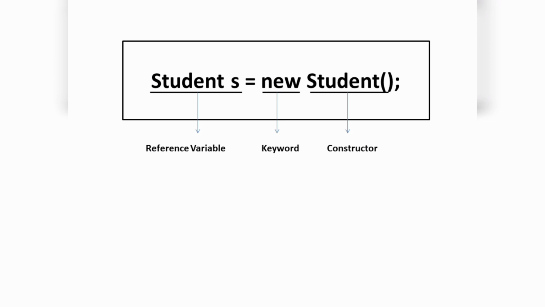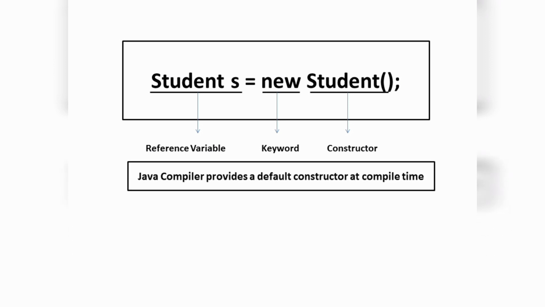If you see, we haven't mentioned any method named Student inside the Student class, but still we can access the Student constructor, right? How is it possible? The JVM compiler actually provides it. This is the default constructor that the JVM compiler provides for us to use.